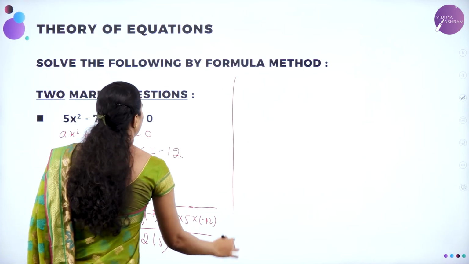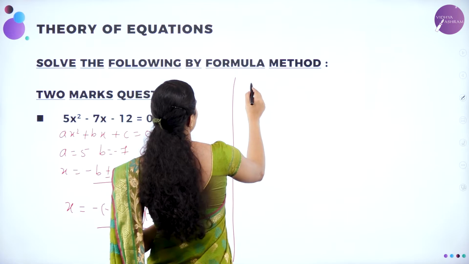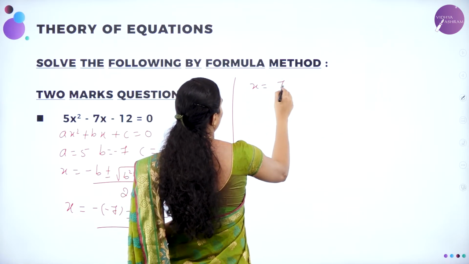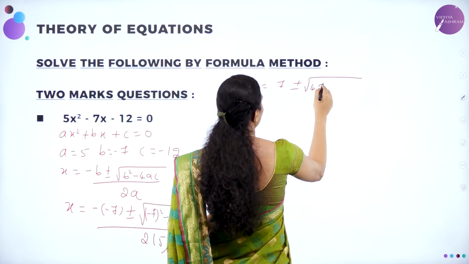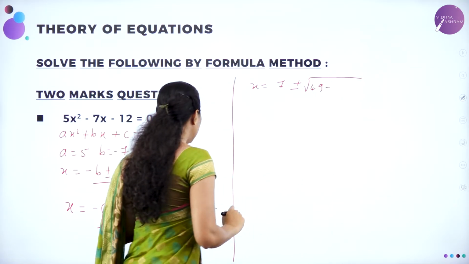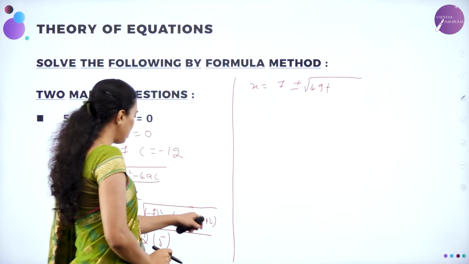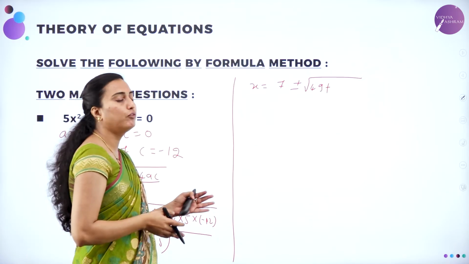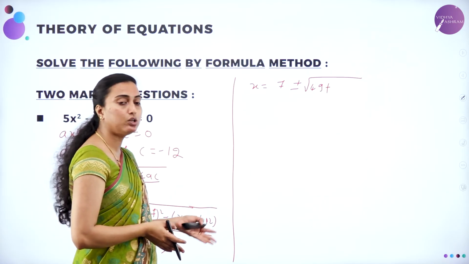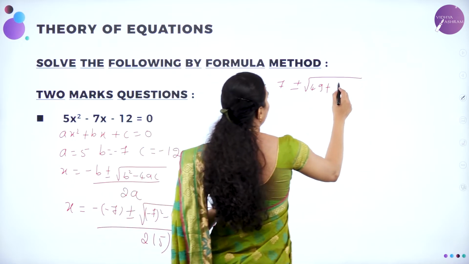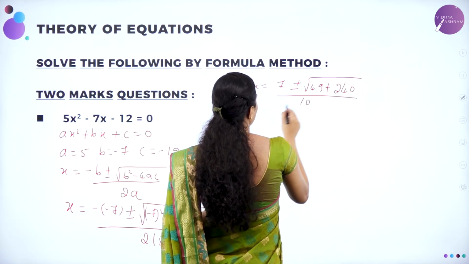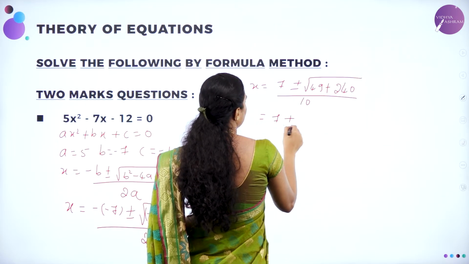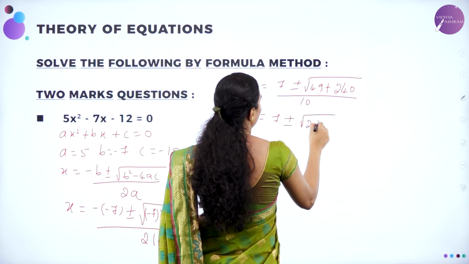So on further simplification, x is equal to plus 7 plus or minus square root of 49 minus, and minus into minus becomes plus, 4 fives are 20, 20 into 12 gives the answer 240, divided by 2 into 5 is 10, which will be equal to 7 plus or minus square root of 289.